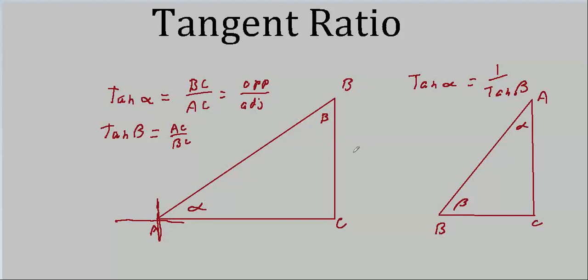For now, just try to remember, or maybe write it on the palm of your hand, that tangent is always opposite over adjacent. And by opposite, we're referring to whichever angle you're taking the tangent of. If you're looking at this angle, the opposite is AC. If you're looking at this angle, the opposite is BC.